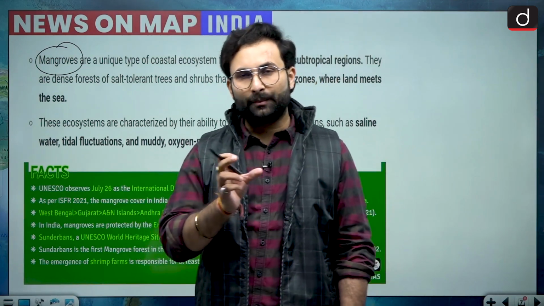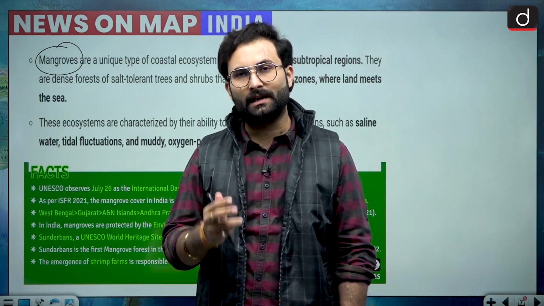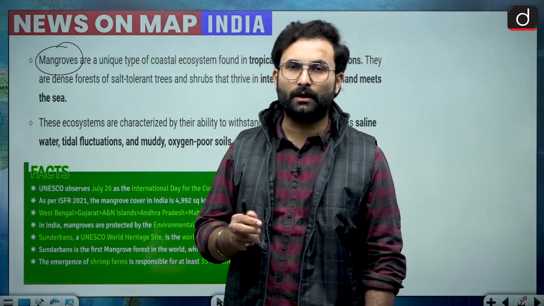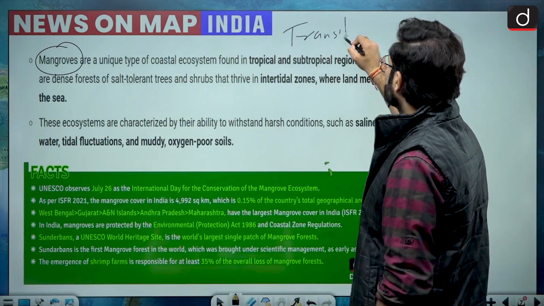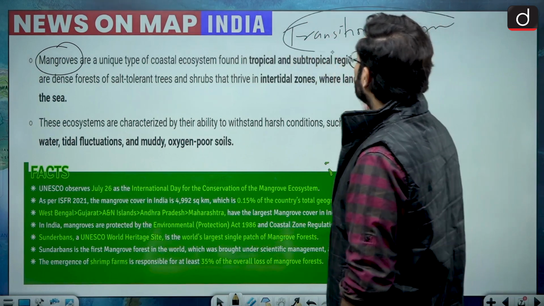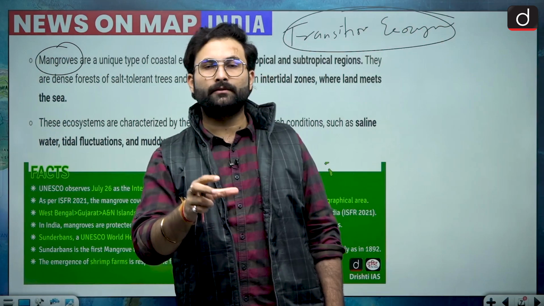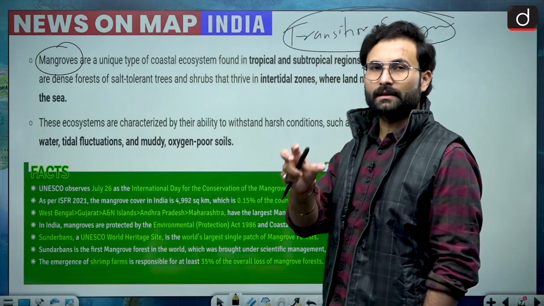So at that particular confluence point, there is a brackish water ecosystem which is developed. So you can say it is a transition ecosystem. Whenever we have a transition ecosystem, the biodiversity would be very rich in that particular area. That is why mangroves are rich in biodiversity.